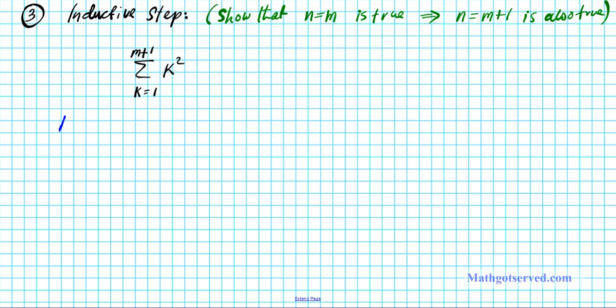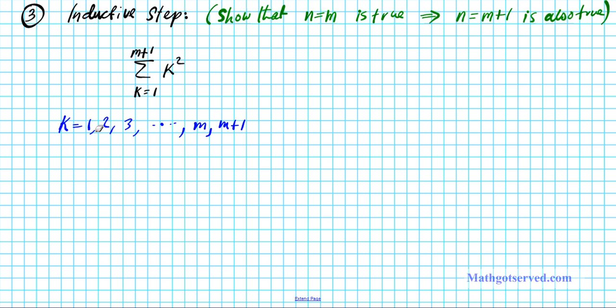So k is 1, 2, 3, all the way to m, and then m plus 1. Okay, this is just scratch work. You don't have to write this down. So we're going to take all these values of k and plug them into k squared, and then sum the results of the squares.